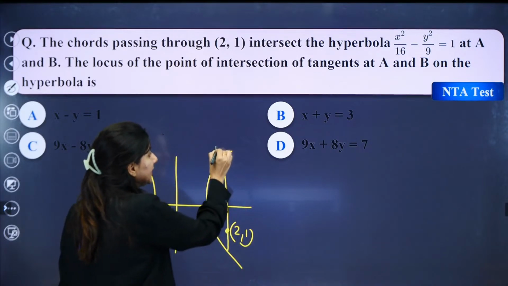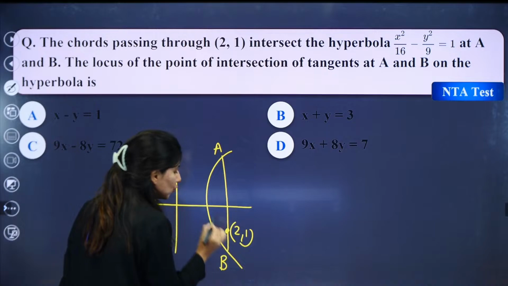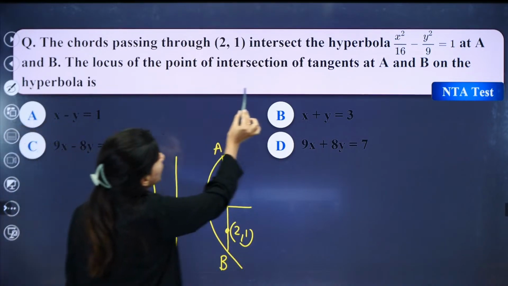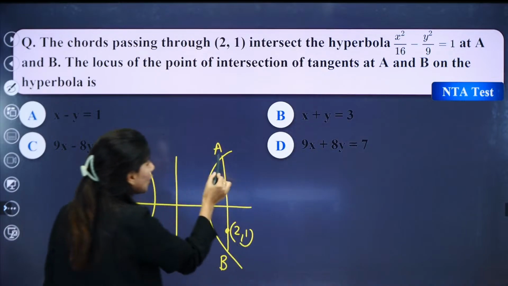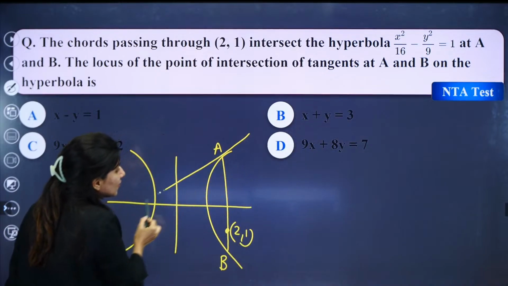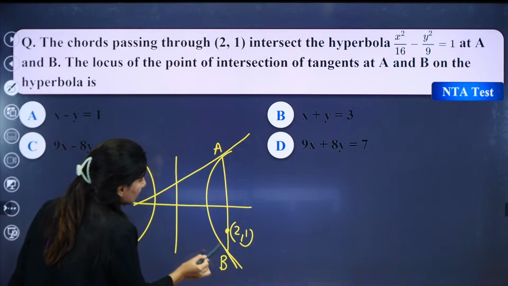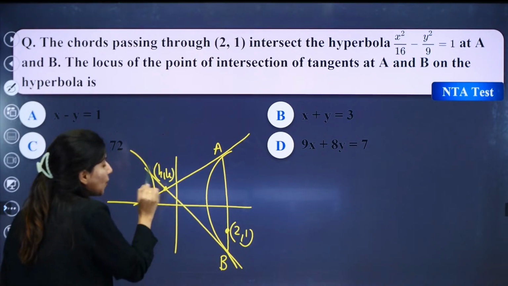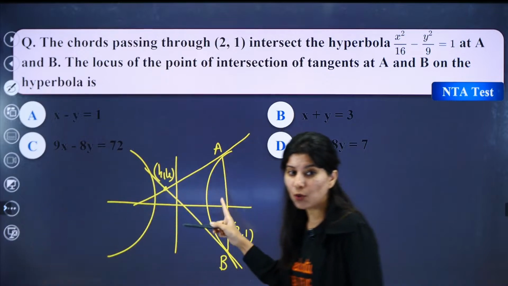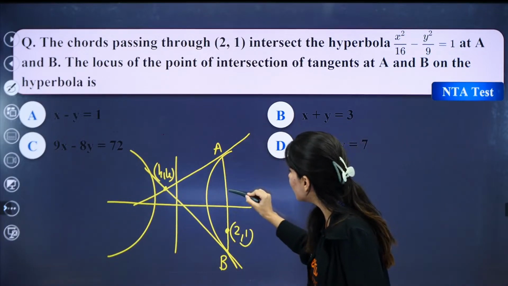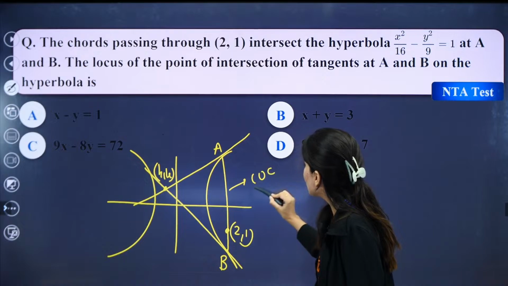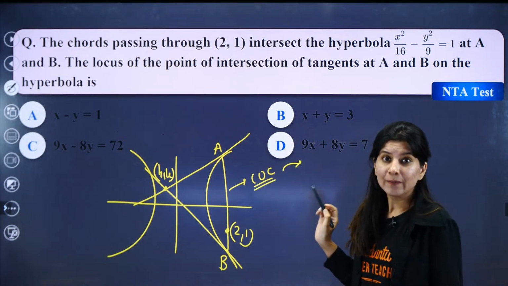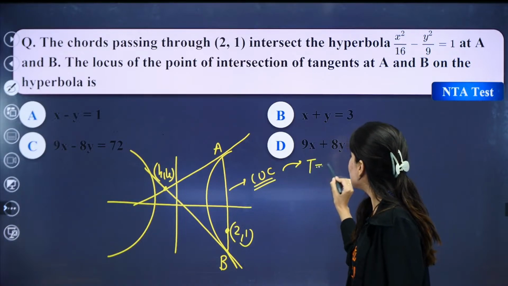This chord intersects the hyperbola at two points, A and B. We need the locus of the point of intersection of tangents drawn at A and B. If I draw tangents at A and B and they intersect at point (h, k), then this will become the chord of contact, and the equation of the chord of contact is T equals 0.